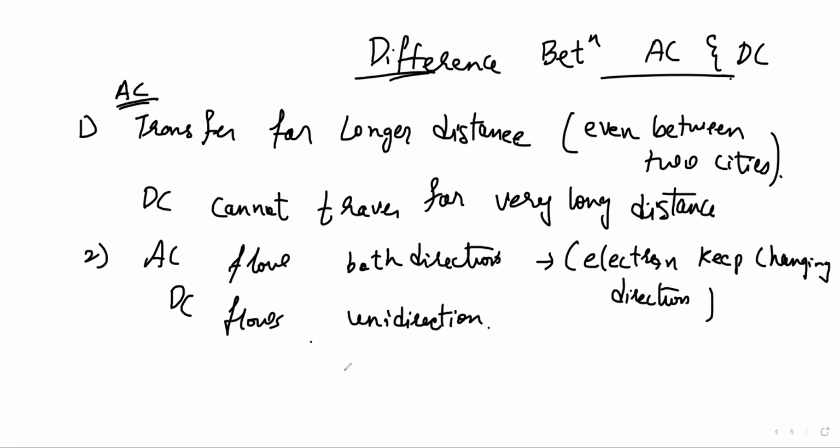But in unidirection, electrons will move only in one direction.